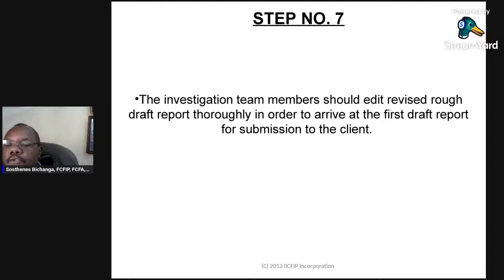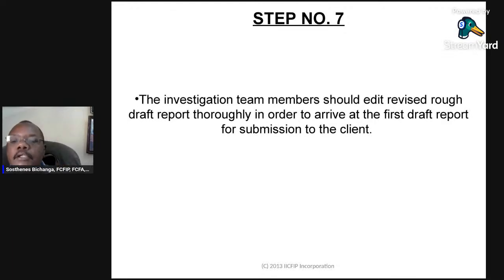The investigation team members should edit the revised draft report thoroughly in order to arrive at the first draft report for submission to the client.